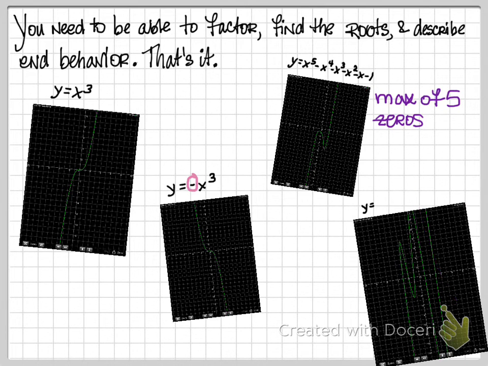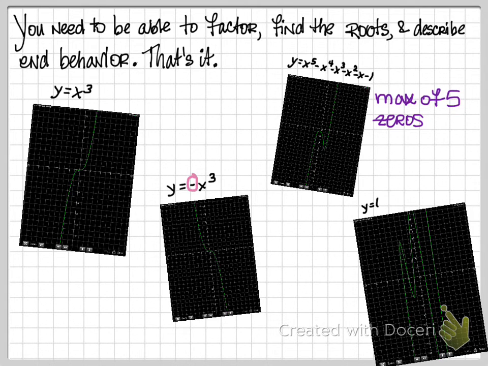However, the one below, I'm having issues with my computer right now. Okay, if you look at the one below, you can see that that actually does cross the graph 5 times. And you should be able to see that it crosses at -3.